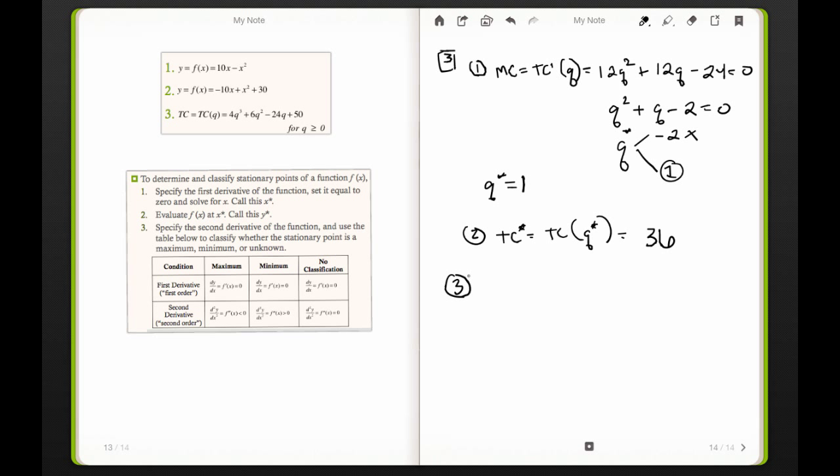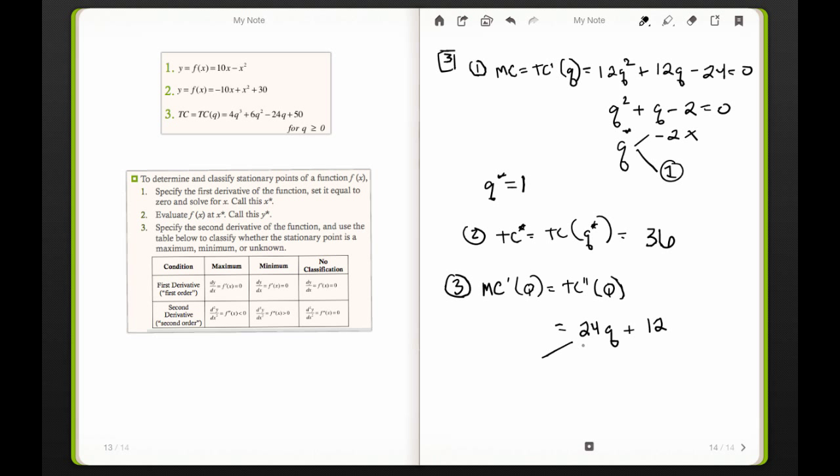I'm going to take the second derivative, so I'm going to take marginal cost prime of q, which is the same thing as taking the second derivative of total cost, and I get 24q plus 12. So this one's a little tricky. If this is a minimum, what needs to happen is, I'm going to break this apart.